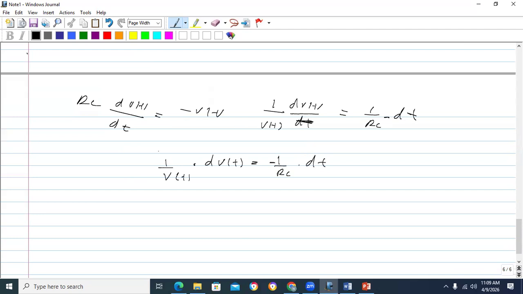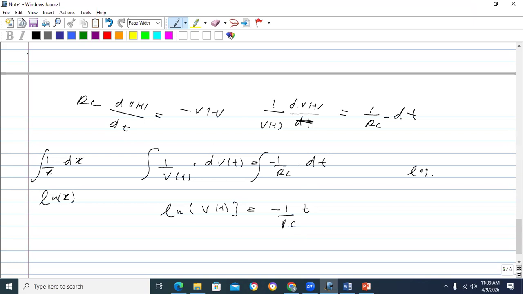Okay. So you can take integration on both sides. So this is somewhat like the integration of 1 over x dx. This is ln x, no? Definitely it should be ln x. So that means ln V(t) is equal to minus 1 over RC times t. Okay. So you know that log 10 of 100 is equal to 2, no?